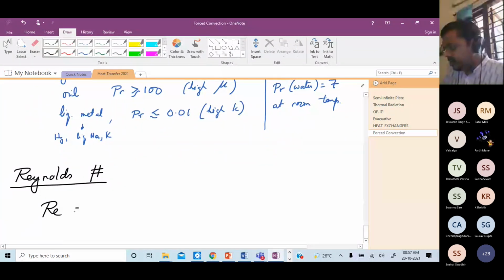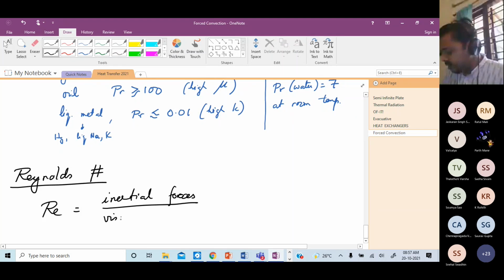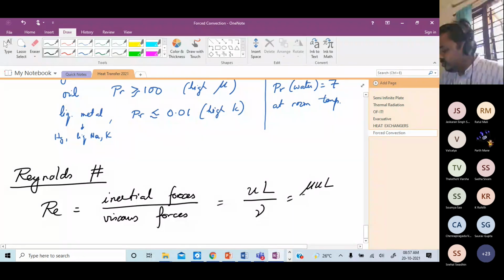Reynolds number is a measure of inertial forces over viscous forces, and it's typically given by U times L over nu, or rho UL over mu. Clear?